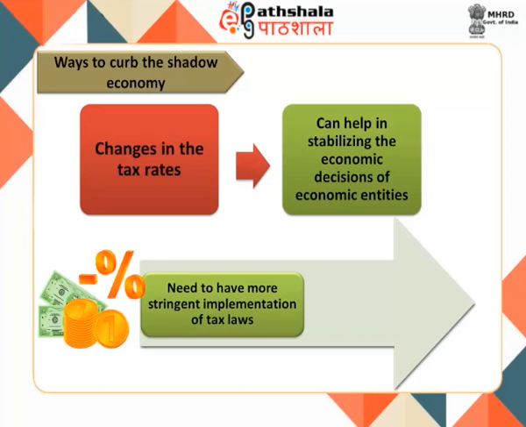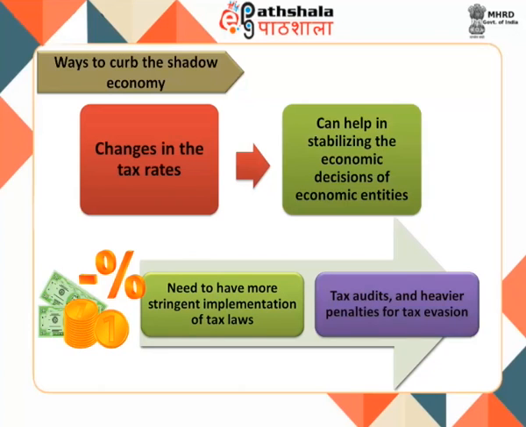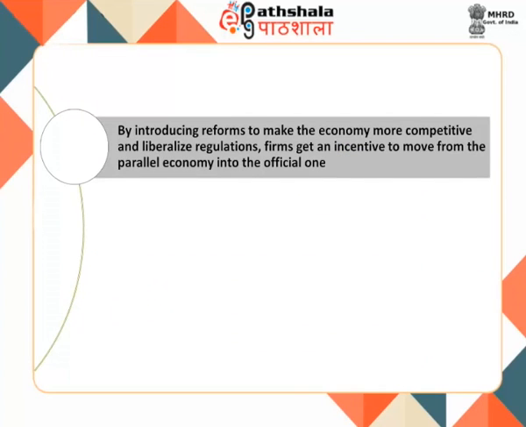There is a need to have more stringent implementation of tax laws, tax audits, and heavier penalties for tax evasion to limit the size of the parallel economy. By introducing reforms to make the economy more competitive and liberalizing regulations, firms get an incentive to move from the parallel economy into the official one.